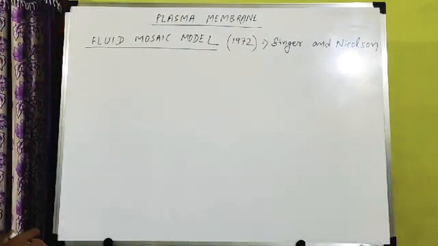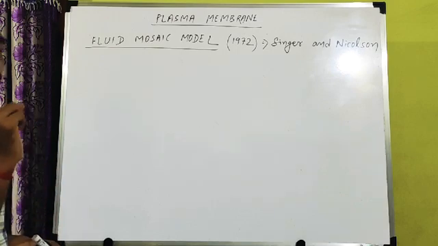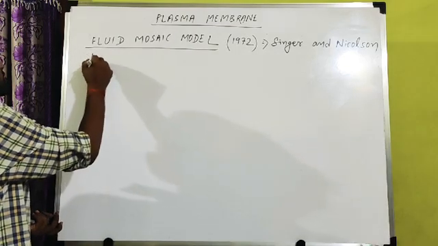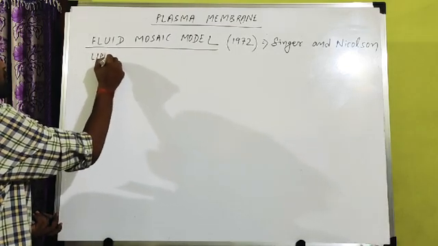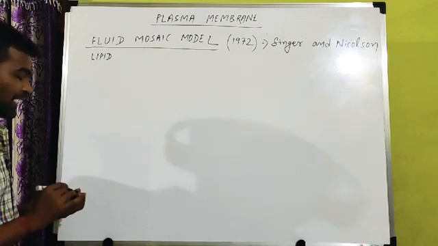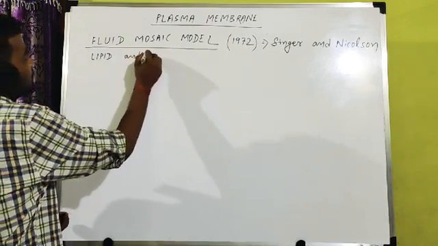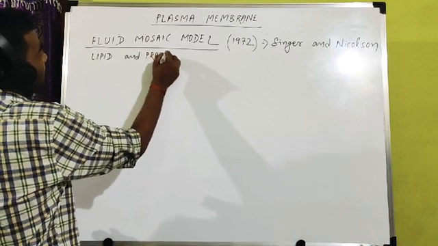According to Singer-Nicholson's fluid mosaic model, the plasma membrane or cell membrane is made of two important major chemicals. One is lipid, or fat. Lipids and protein. These are the two major components.